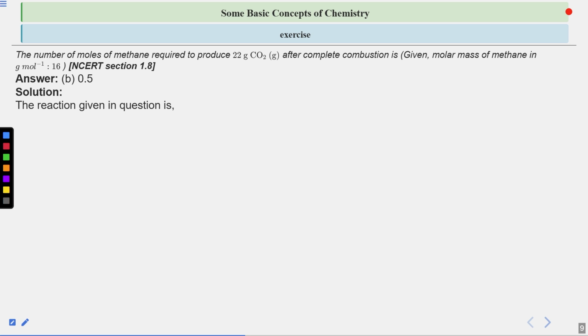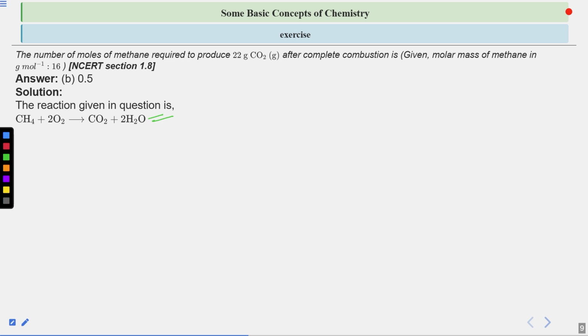So what would be the equation for the combustion of methane? Yes, it will be CH4 plus 2O2 gives us CO2 plus H2O. Yes, very good, Pratik.